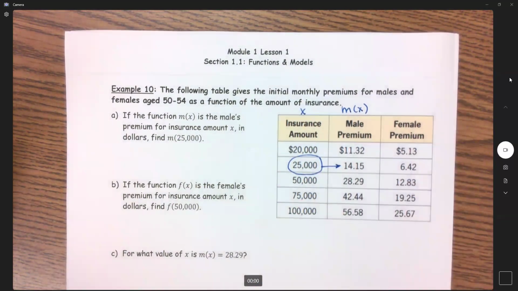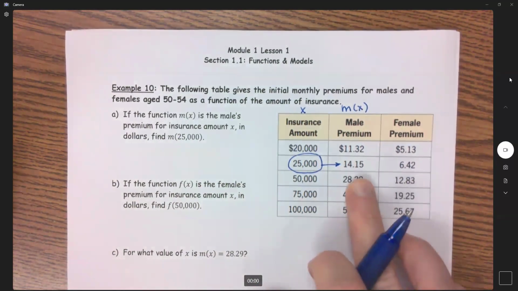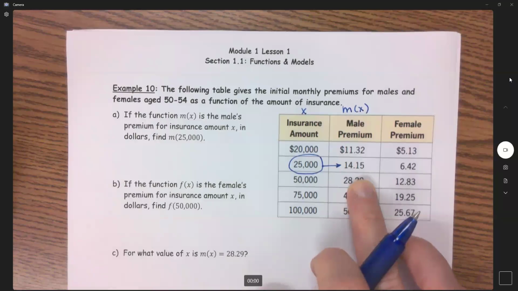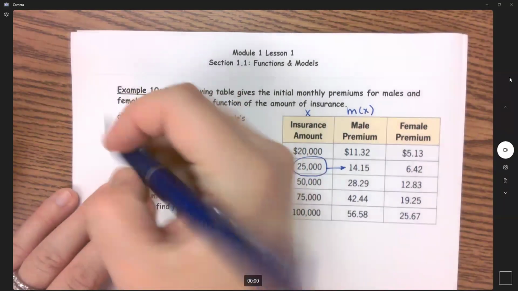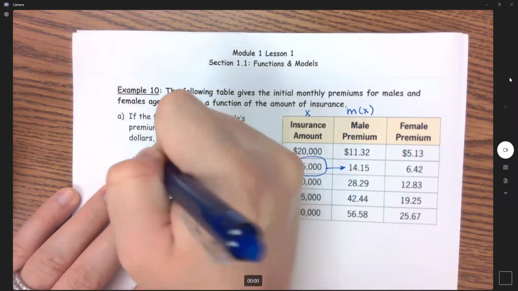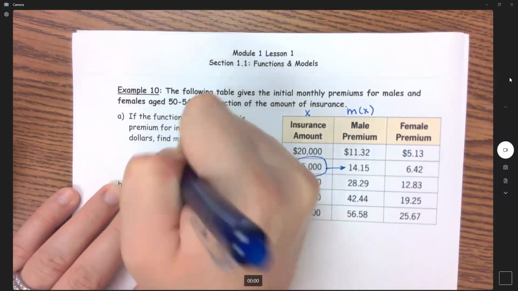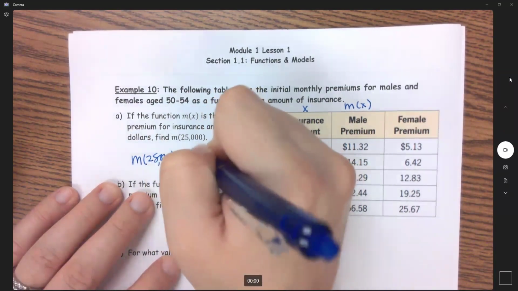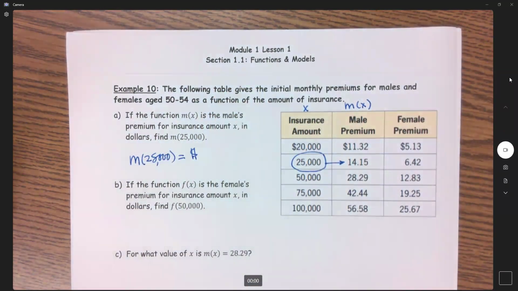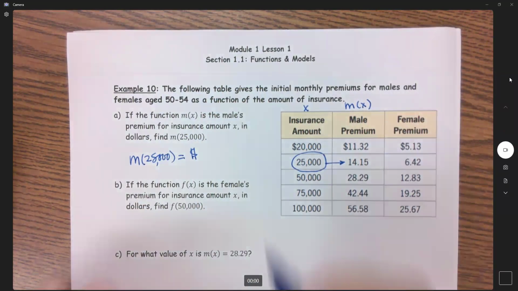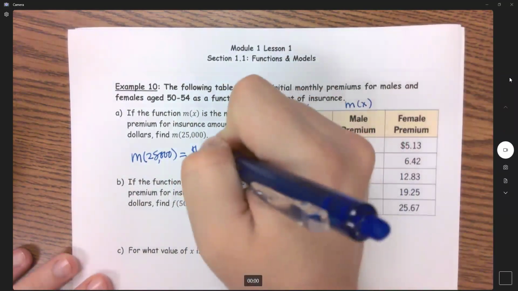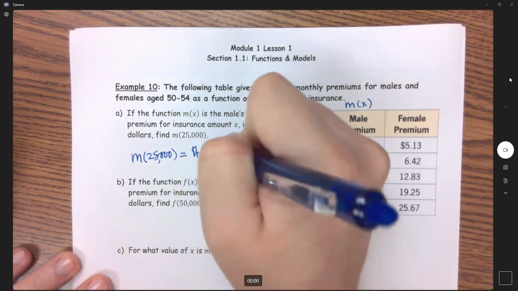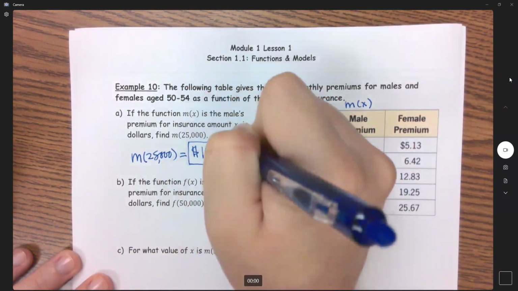And what is that m of x value? It's $14.15. So m of 25,000 equals, and in general, word problems need word answers, or at least units. We're talking about money here, so it costs $14.15.